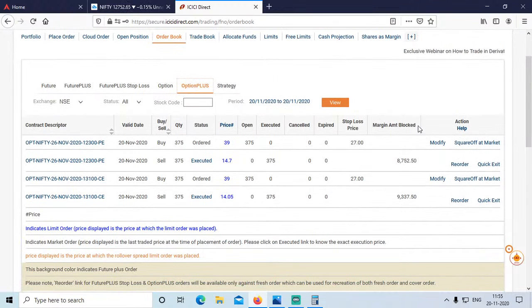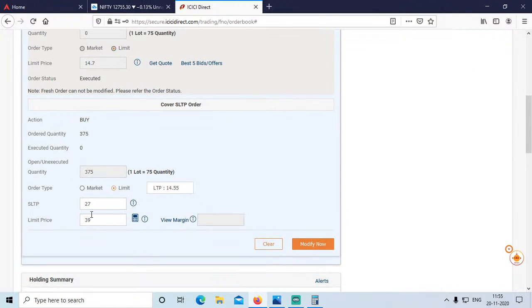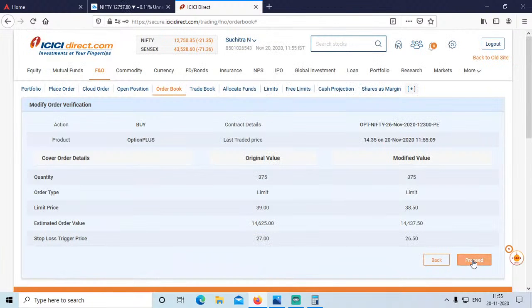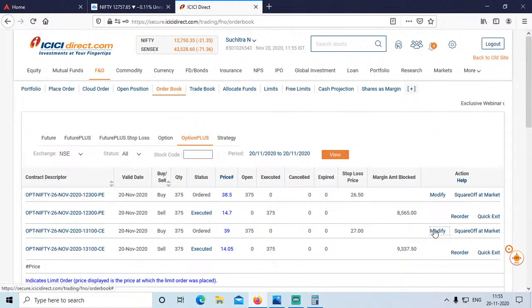At least we should do something. From 27 we will reduce to 26.5. Okay. So this limit price will automatically change from 39 to something like 38. So modify it now. And this also you can modify.